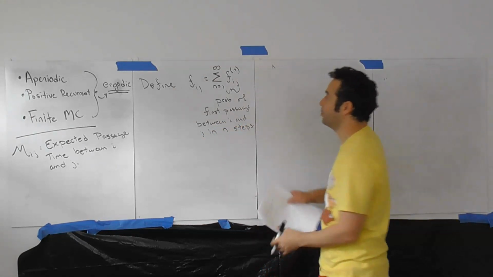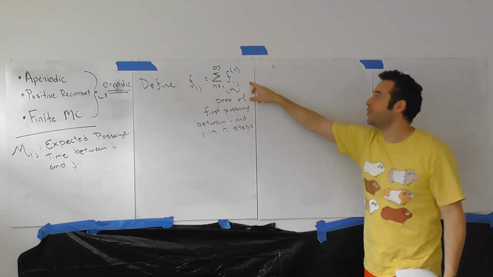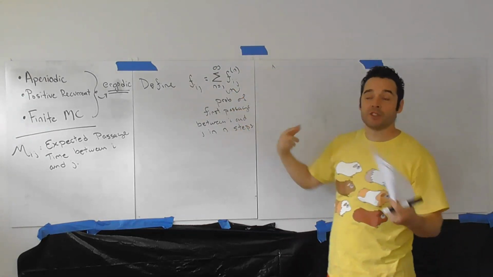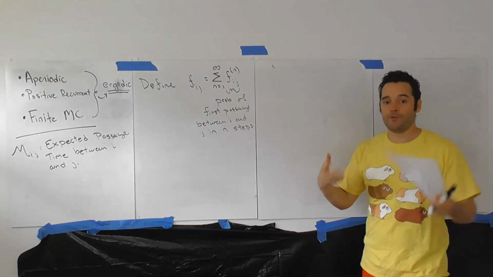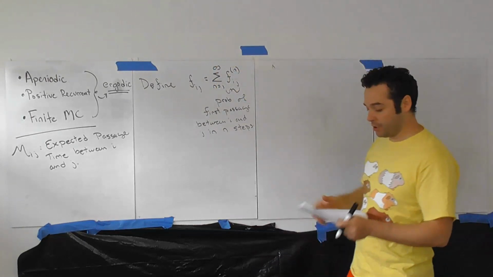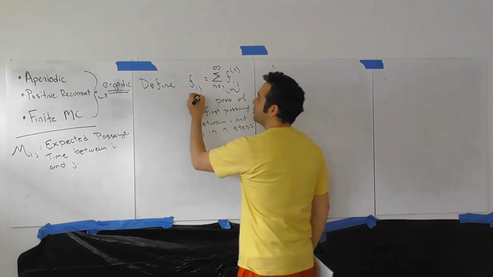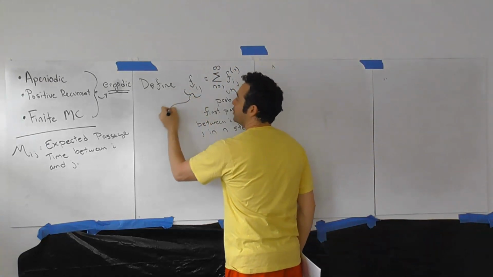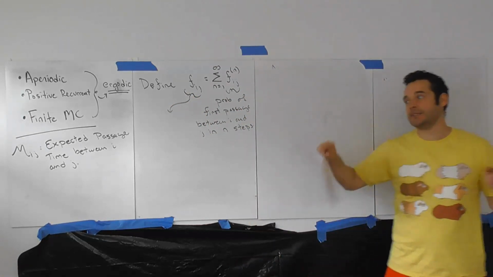So it will be, what's the probability of going, let's say, from state 1 to state 5 in 3 steps? What's the probability of going from state 1 to state 5 in 4 steps, 5 steps, 6 steps, 7 steps? If we add up all those probabilities, this term here is in fact the probability of ever going from state i to state j.